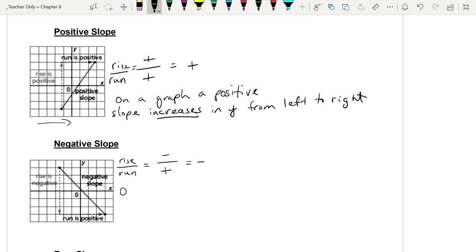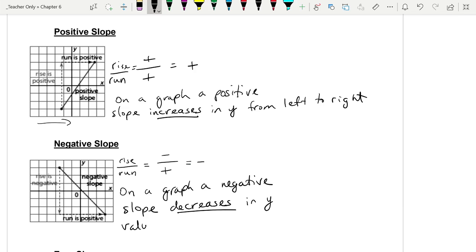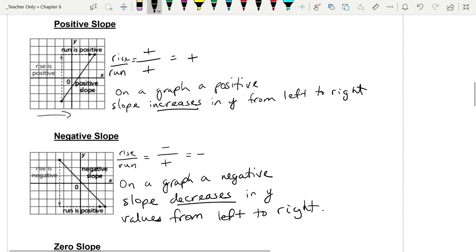So I'll fill that in with: on a graph, a negative slope decreases in y values from left to right. So again, hopefully you can write small enough to fit those on your page.